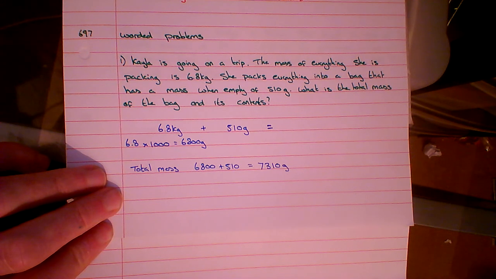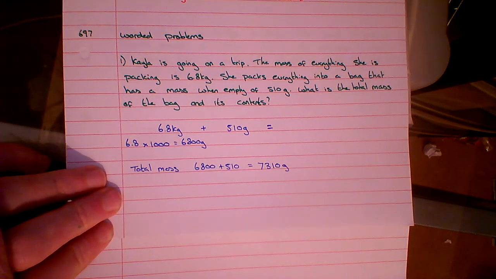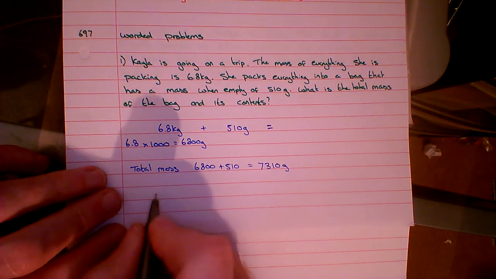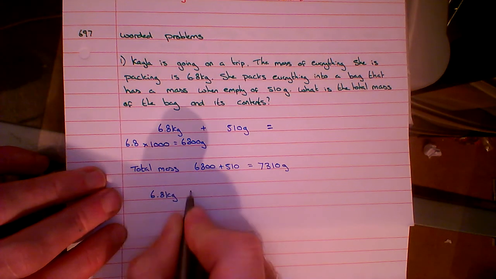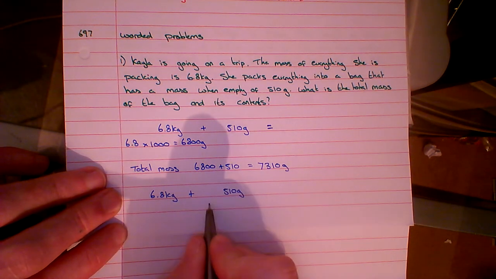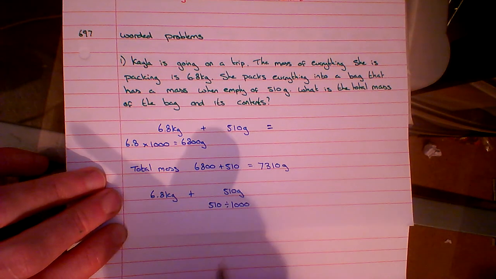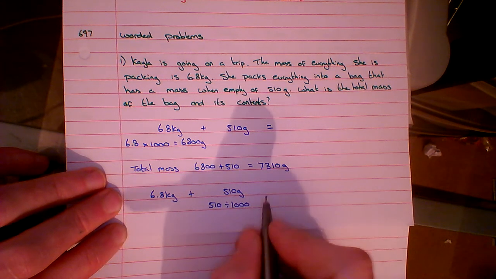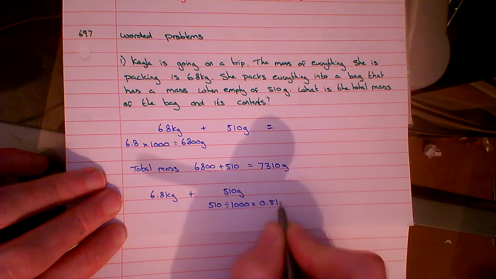Now, if I wanted it in kilograms, I would have to change the 510 grams into kilograms, and I would do that by dividing by 1,000. So I'd have 6.8 kilograms plus 510 grams, which is 510 divided by 1,000, which is equal to 0.510.